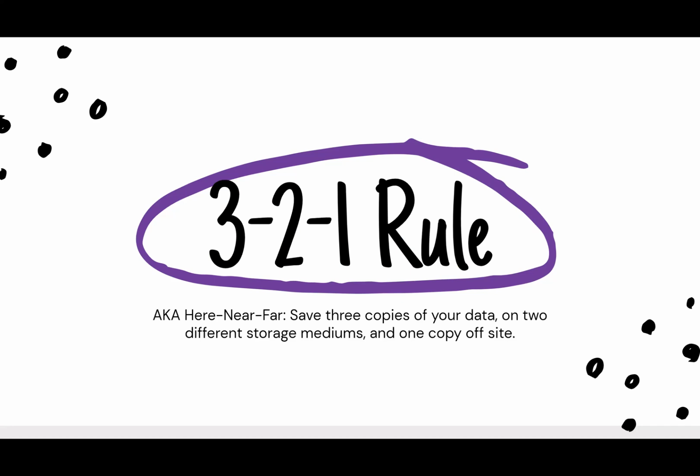So that means you want to have maybe 1 copy on your computer, 1 copy in the cloud, and then 1 copy on a hard drive somewhere else. So that means that you are keeping your data safe, and that you will always have a backup for your data.